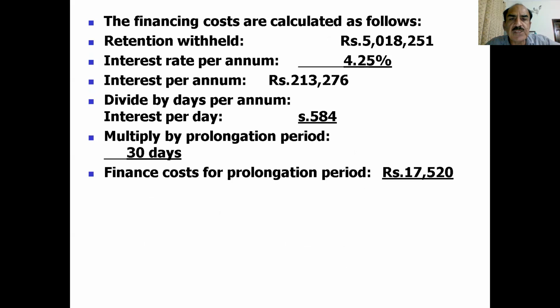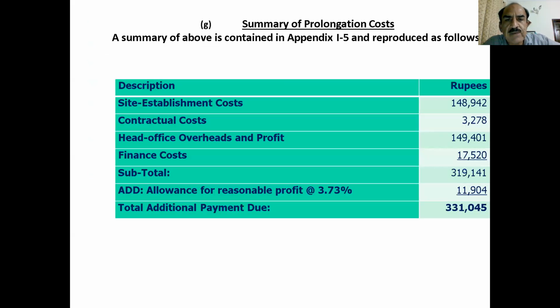For example, the retention was an amount like 5.018 million. The interest rate is 4.25%. Interest per annum is something like this, and if we divide this by the day, then interest per day becomes something like 584 rupees, and if we multiply this by 30 days, the interest cost becomes something like 17,520.